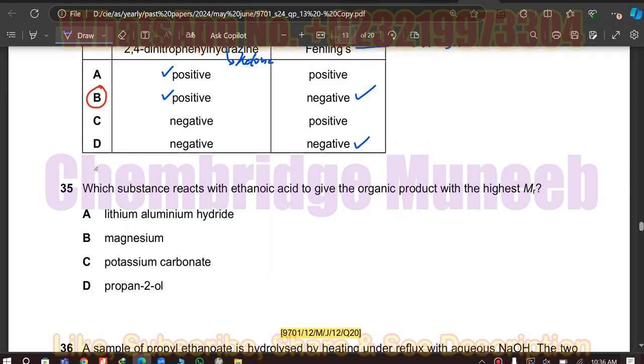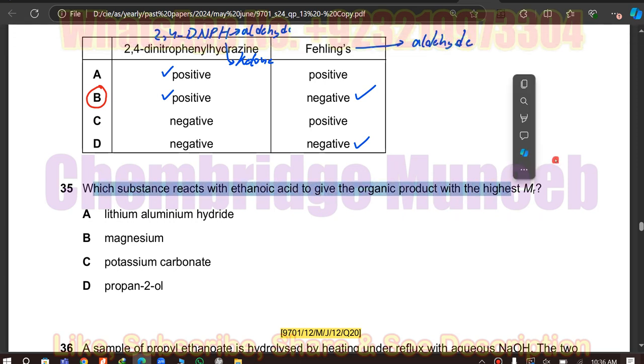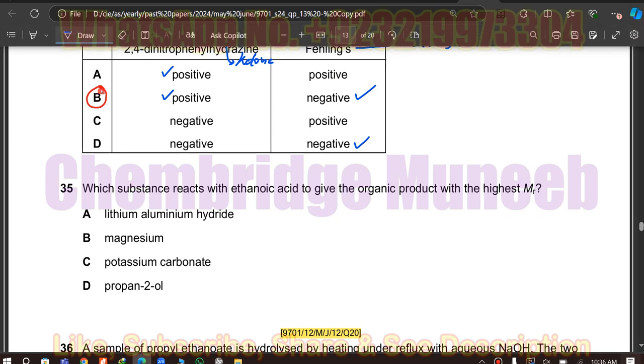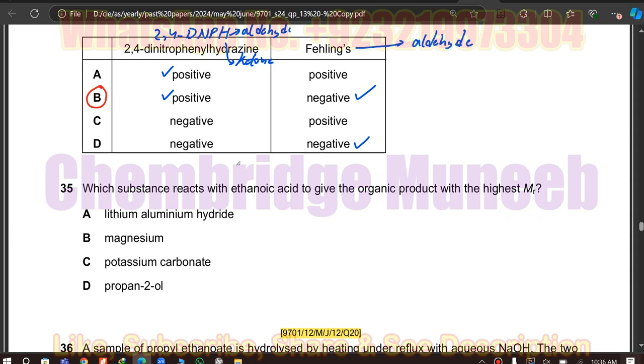Now the next question, number 35. Which substance reacts with ethanoic acid to give the organic product with the highest Mr? So we are provided with the following options, and these compounds must react with the ethanoic acid. The ethanoic acid, as you all know, has the formula CH3COOH.